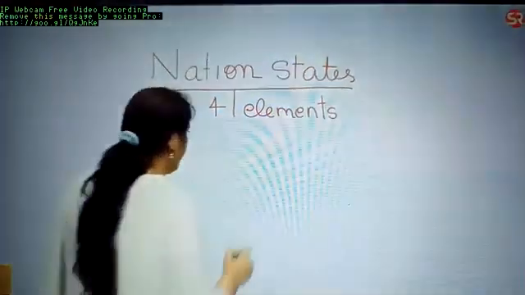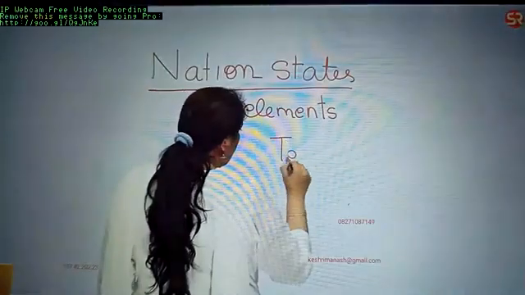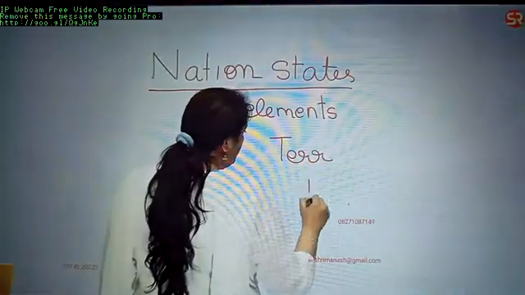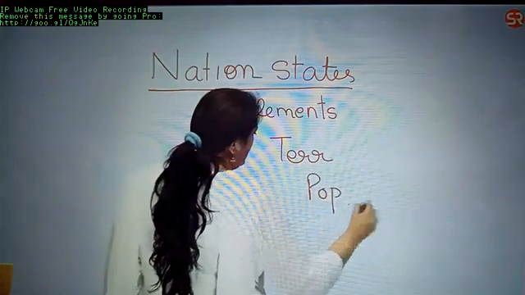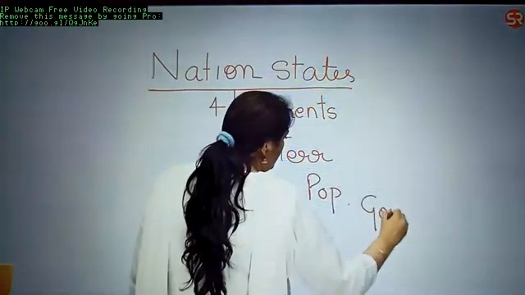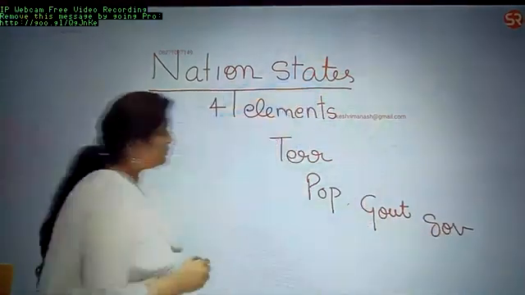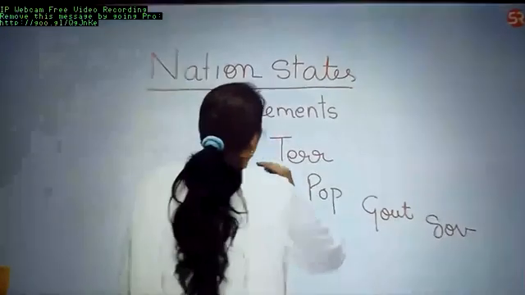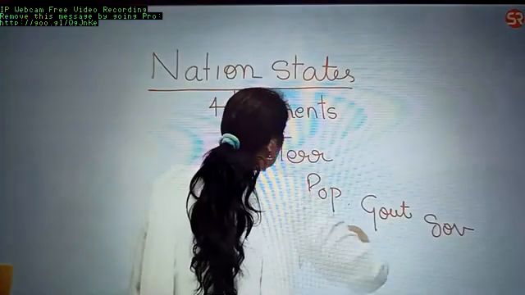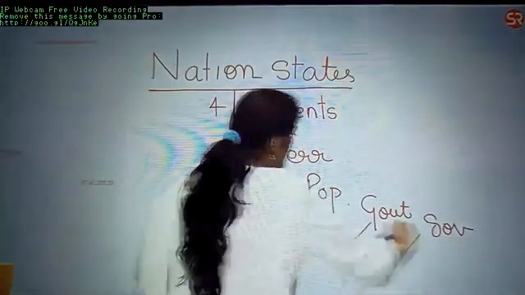Okay? Territory, population, government, sovereignty. Fine. Territory, population, government, and sovereignty.